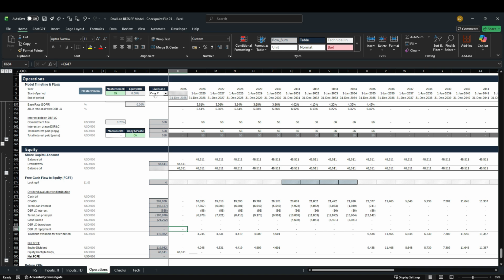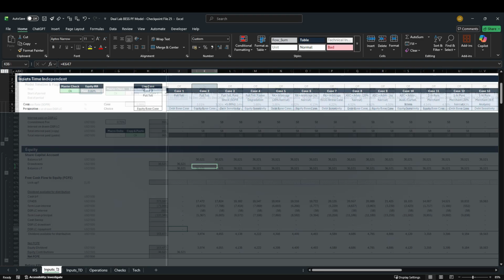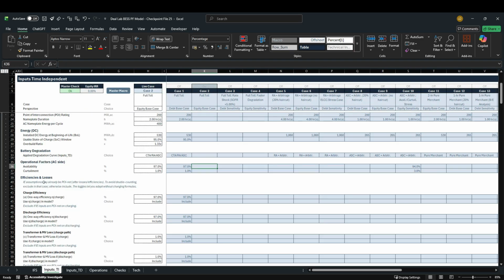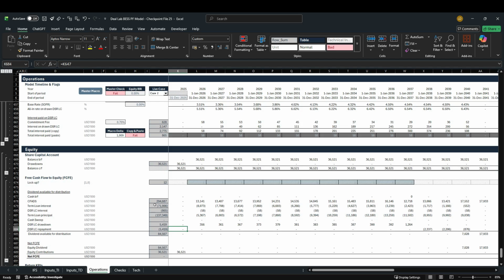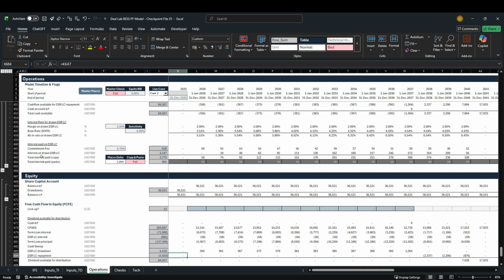So what we've done in a previous lesson is switch over to case 2, hit the master macro, and then we have stress tested the availability assumption to 78%, which makes our DSCR barely below 1. And let's just hit our master macro so that we actually also copy and paste the DSR-LC interest on the drawn amount.